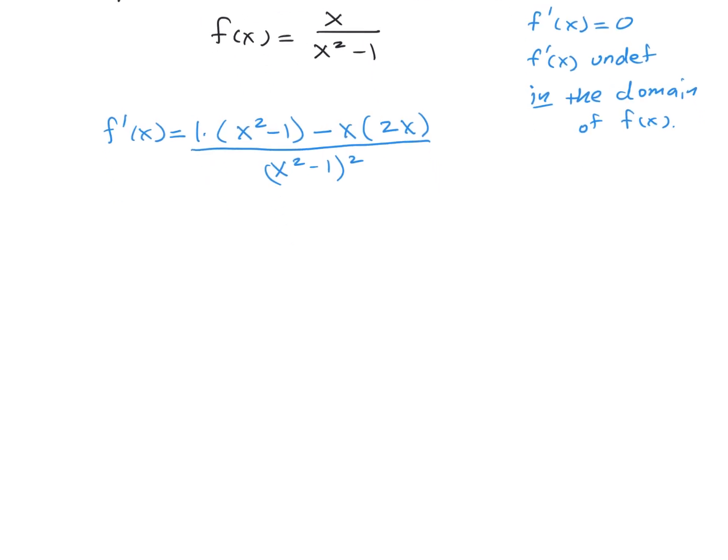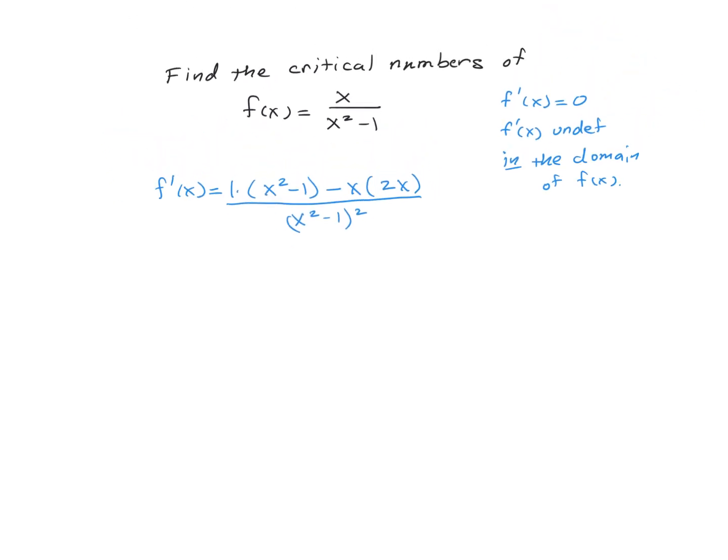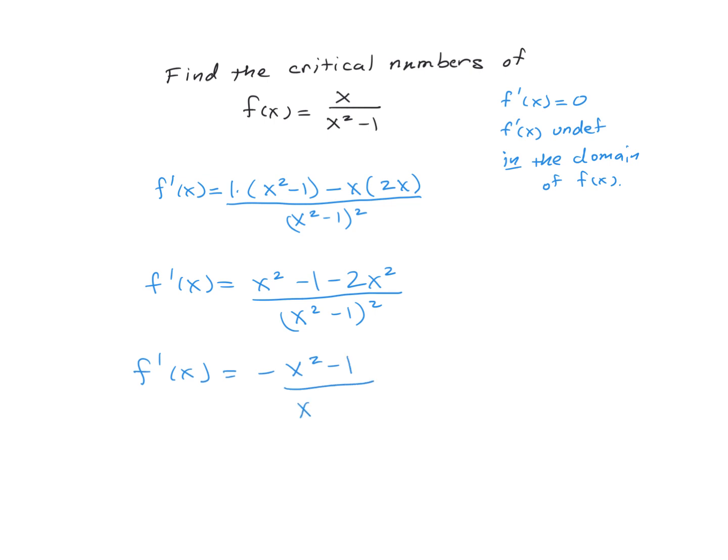All right, so the next thing to do is to simplify this down the best we can. So f prime of x is going to be x squared minus 1 minus 2x squared, divided by x squared minus 1, squared. Combining like terms, our derivative is negative x squared minus 1 over x squared minus 1, squared.